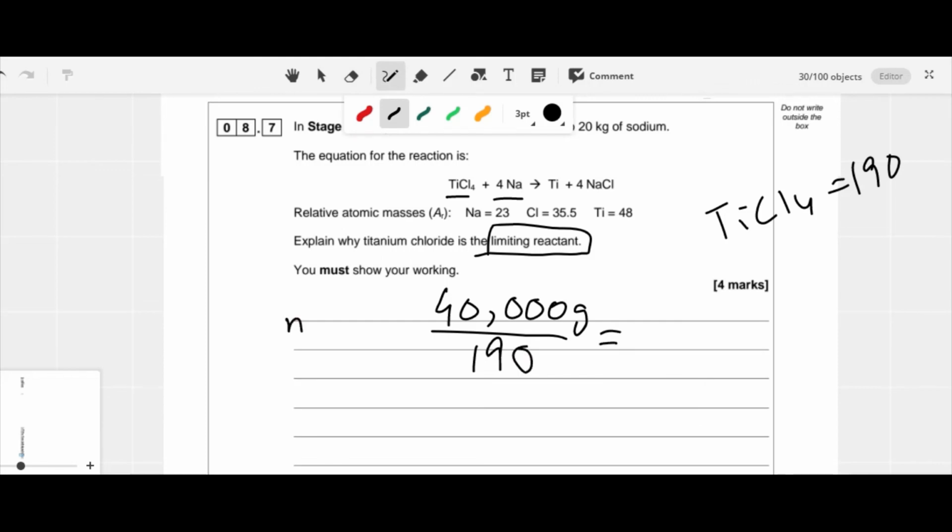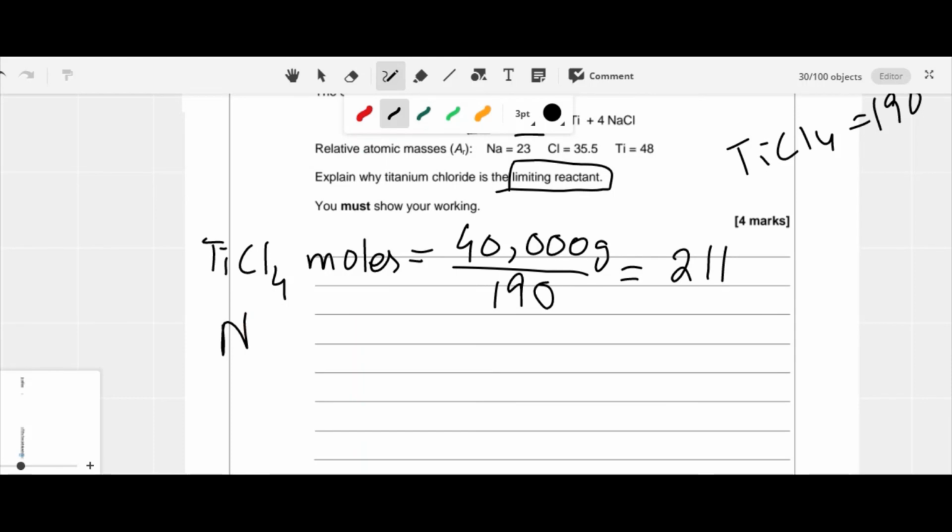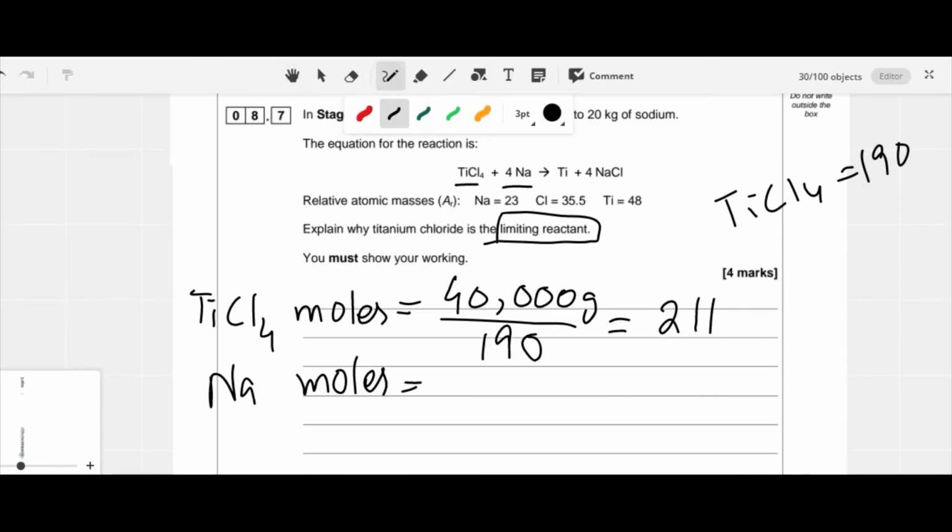So the moles of titanium chloride would be 211 moles. But if we look at sodium, the sodium moles equal the mass of sodium, that is 20 kg, so 20,000 grams divided by the atomic mass of sodium, which is 23. So when we divide it, the answer will be 870 moles.